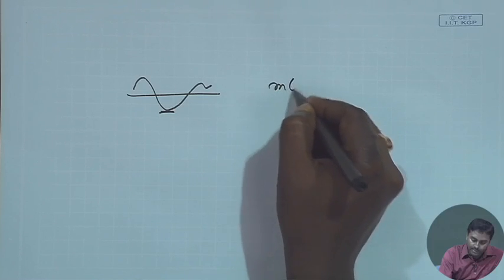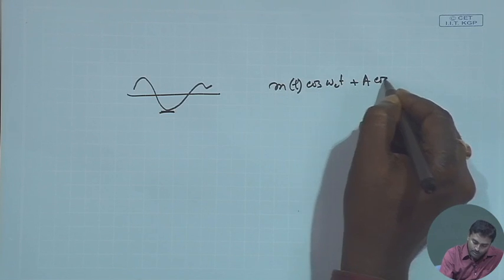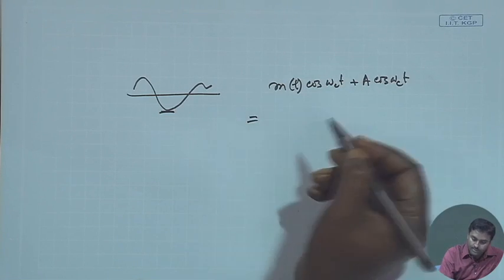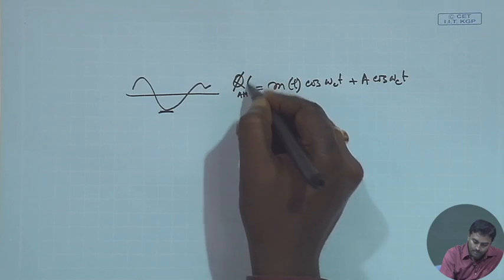So the DC value, which is actually the amplitude of the carrier, must be greater than the lowest amplitude of the message signal. This is something we have already proven, that my m(t) cos omega_c t, I add A cos omega_c t to it, which actually is the phi_AM(t).